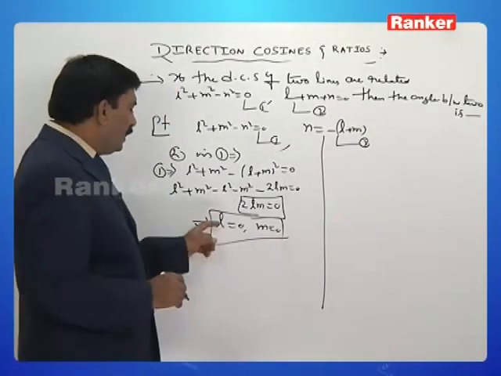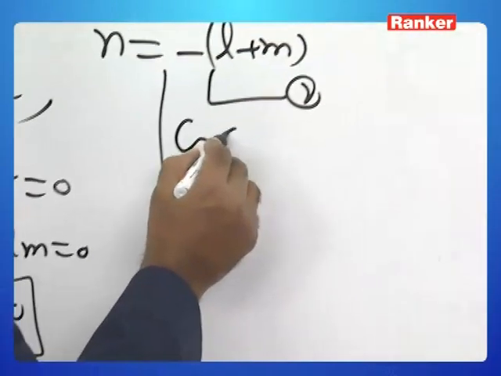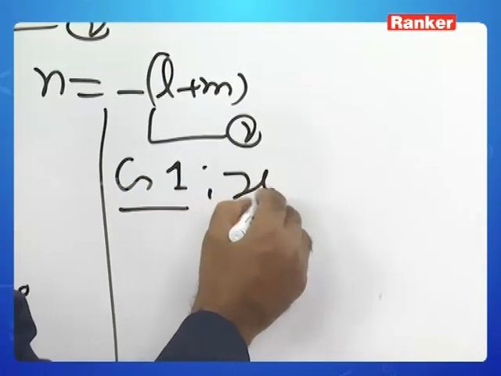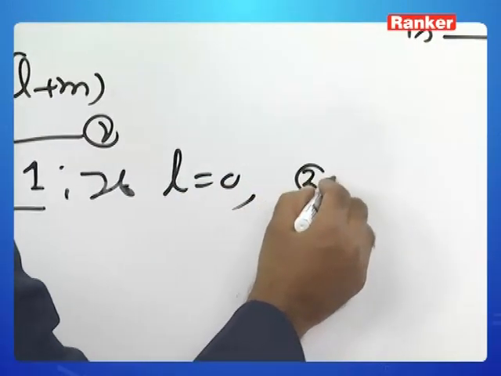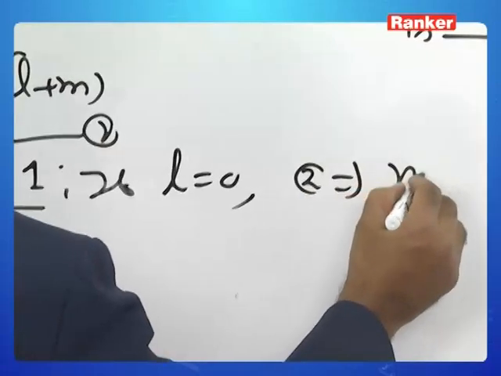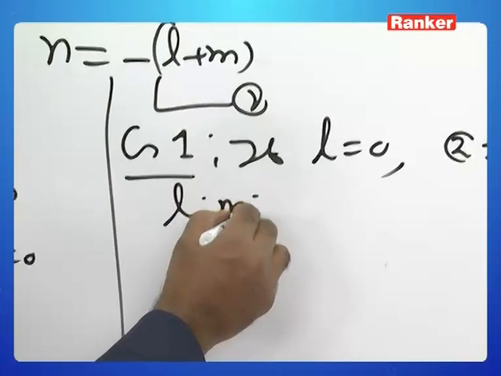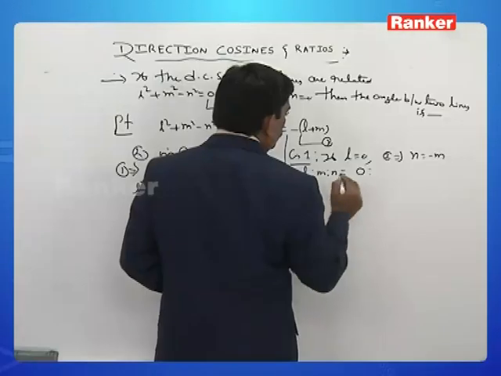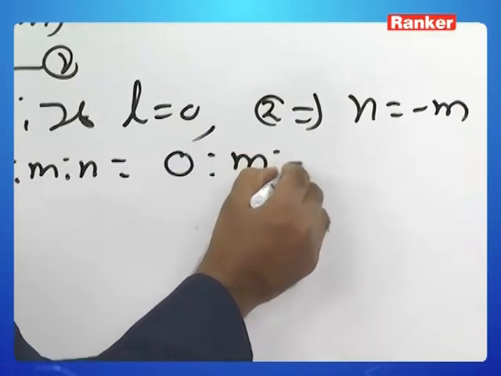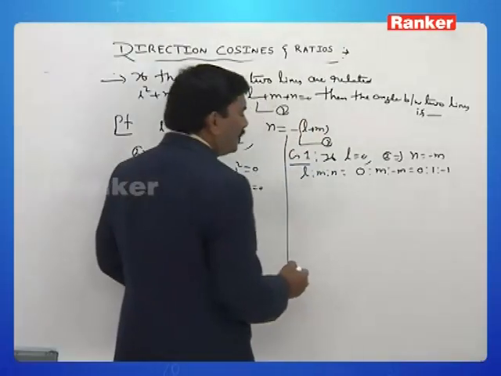When L is equal to 0 or M is equal to 0, two cases come. Case 1, if L is equal to 0, then 2 implies N is equal to minus M. So therefore, I can write L is to M is to N is equal to 0 is to M is to minus M. I can write 0 is to 1 is to minus 1.